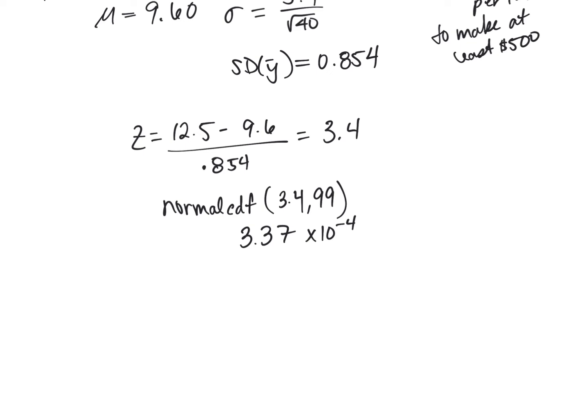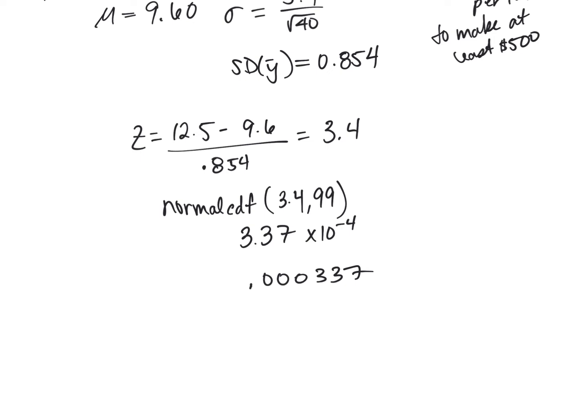If it's asking, you can say, no, it's not likely because it's 0.000337. There's a really, really small chance of that happening, right? So both our probability and our z-score tell us if it's likely.